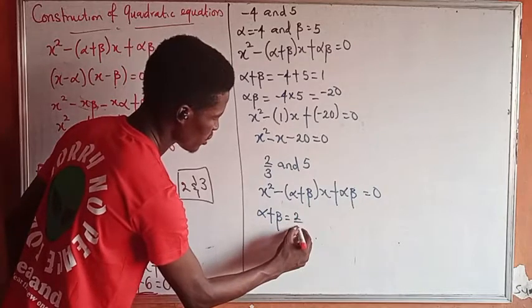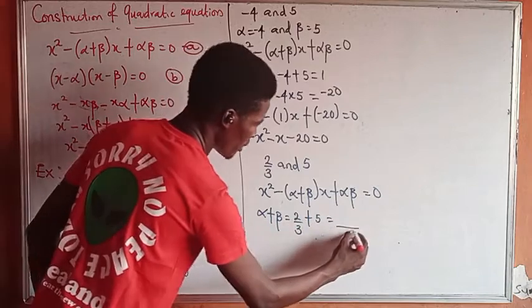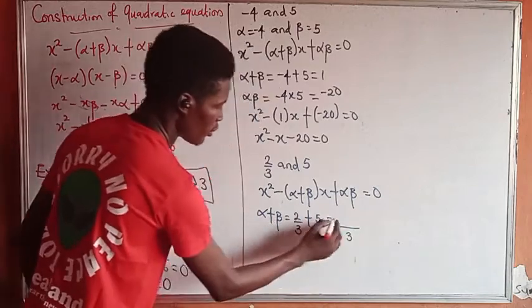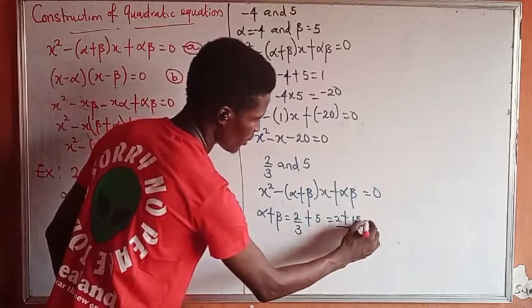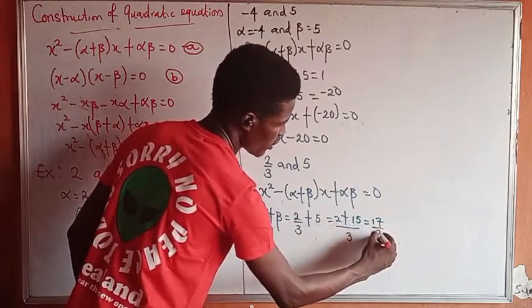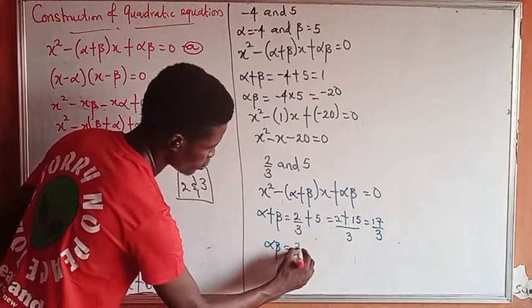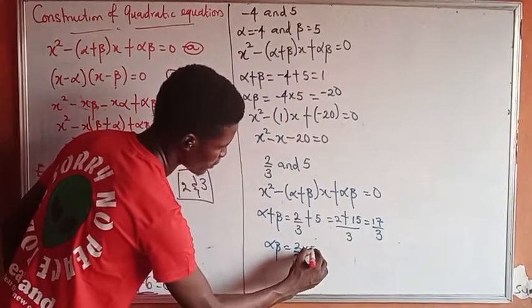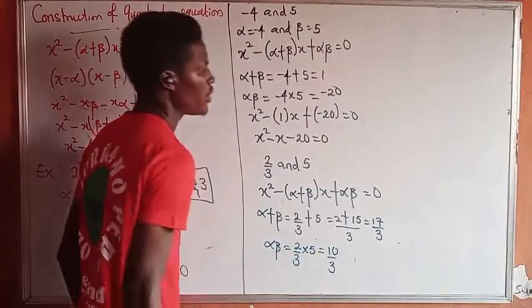That will give me 2 over 3 plus 5. The LCM will be 3, so that will be 2 plus 3 times 5, which gives 15, and that's 17 over 3. Then my alpha beta we got is 2 over 3 multiplied by 5. That means 2 times 5, 10 over 3.